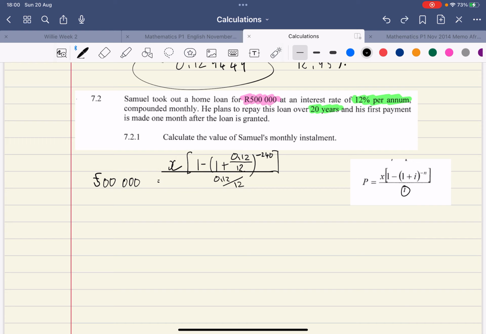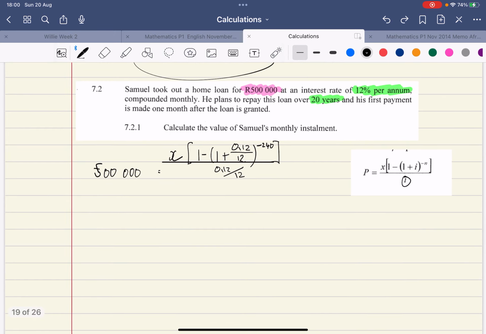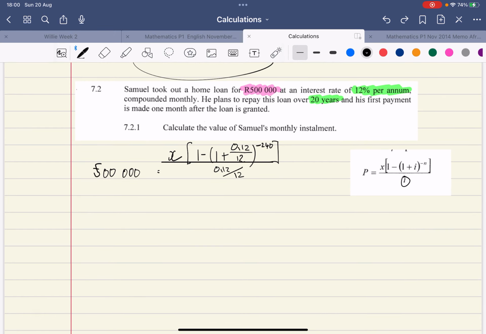Now, this is just a lot of algebra and calculators, so I'll keep quiet while I do this. And just make sure you work slowly and calmly and keep track of everything that's going on. Put that over there.